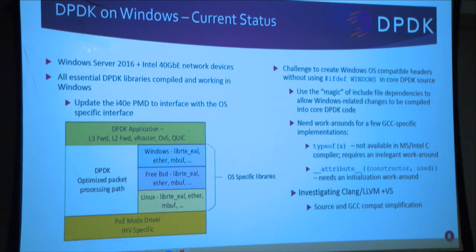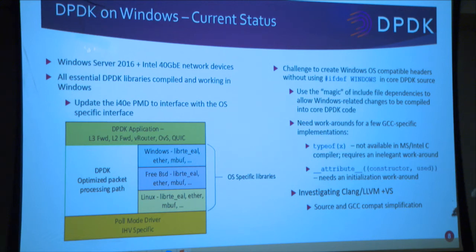We had to include some because of the way the Linux code is written with GCC compiler optimizations. Since we are not using GCC, those compiler extensions don't exist in our compiler, so we had to work around some of them. Some of those GCC extensions, like typeof, are one such thing. There's an equivalent of typeof in the C++ standard, but not in C, so that was something we could not use.